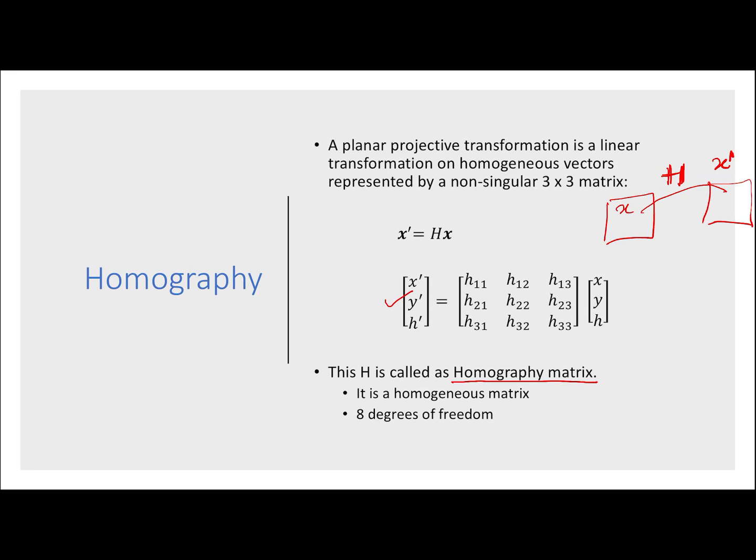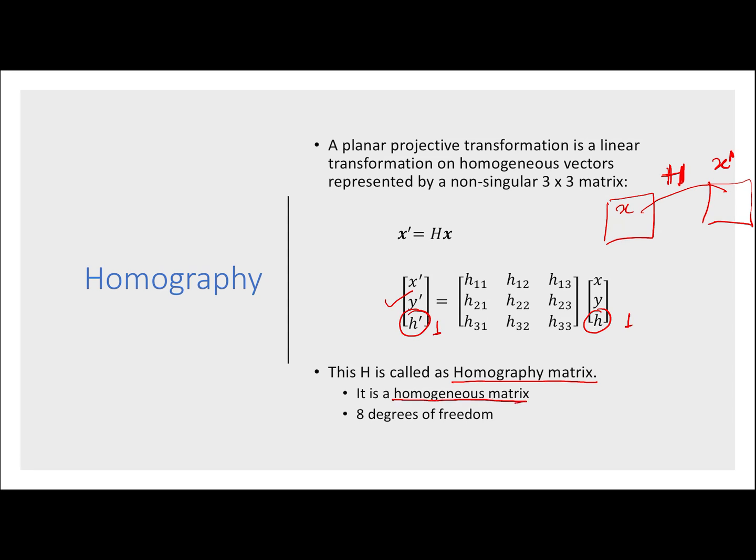Since these two points are homogeneous representations of points, without loss of generality, h and h prime can be written as 1, because they are nothing but scaling factors.